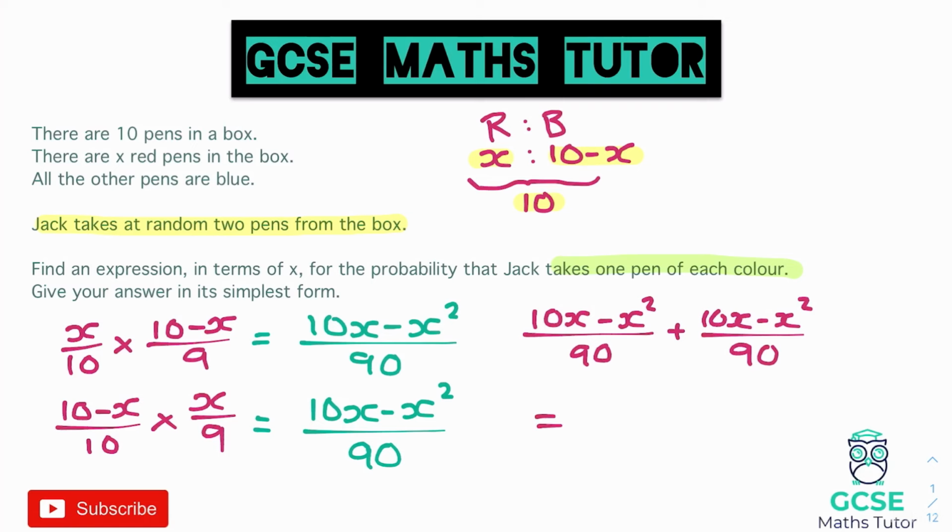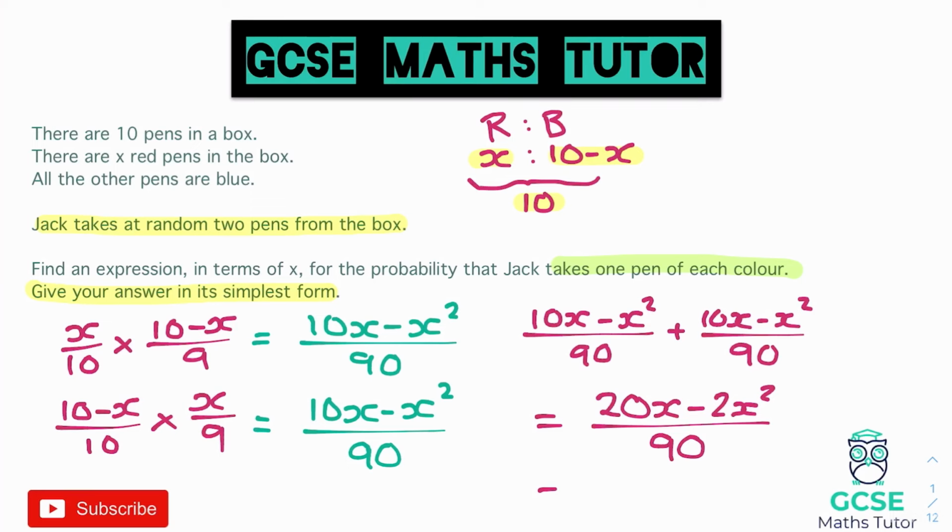But we need to combine everything on the top. So we've got two lots of the 10x, so that is 20x, and two lots of the negative x squared, so minus 2x squared, and that is all over 90, and there is our final fraction. It does, however, say here, give your answer in its simplest form, and if we have a look, we can divide the top and the bottom by 2.